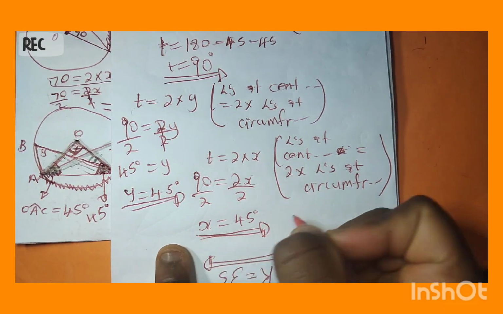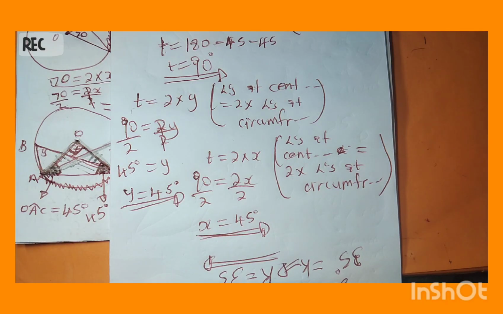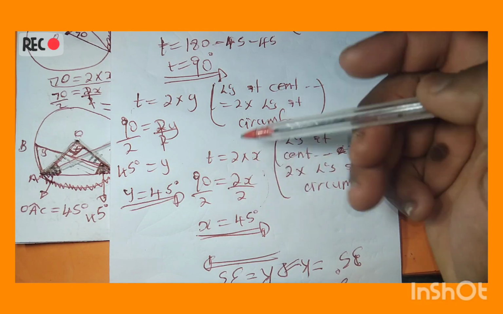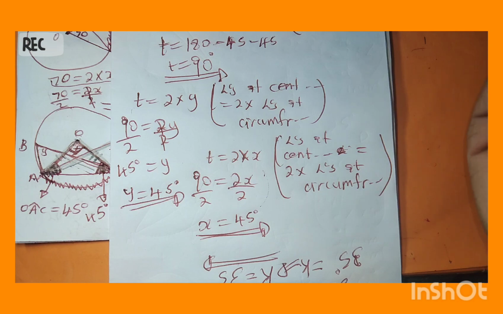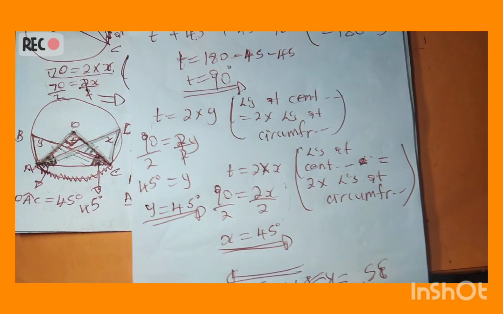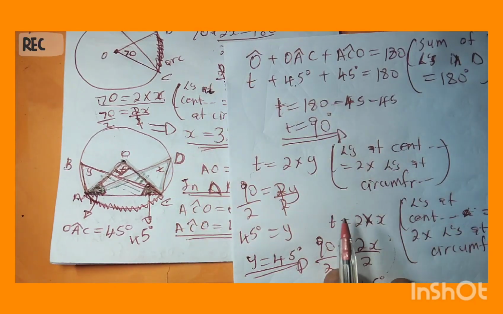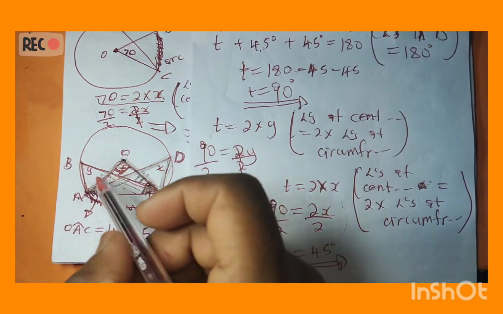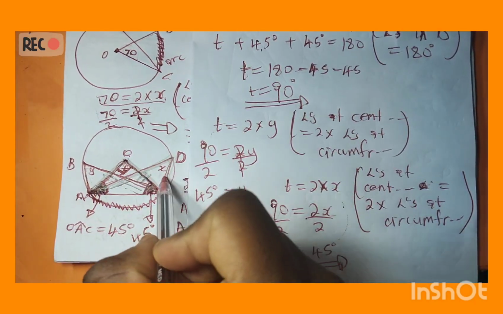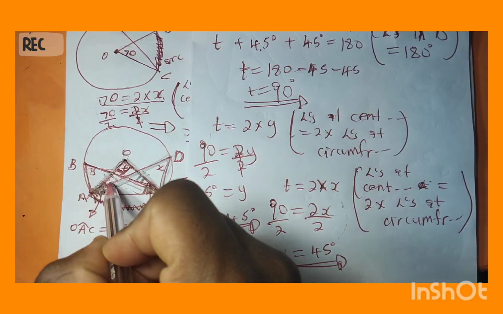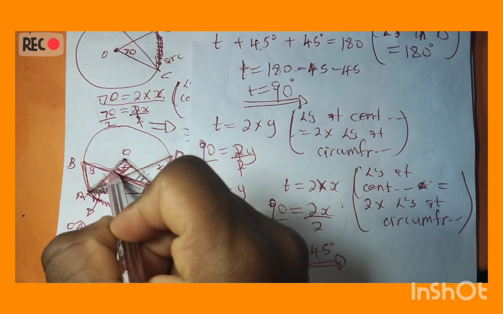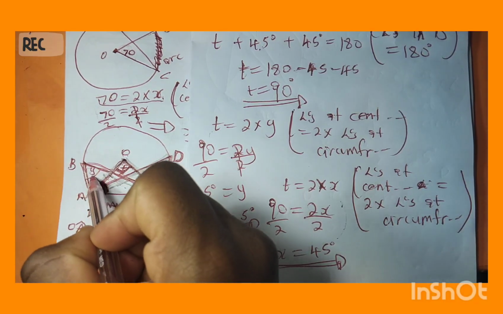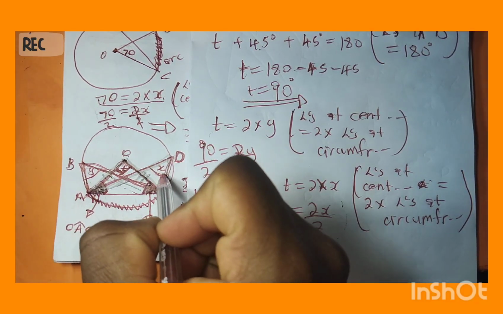Do you see? So if, guys, you feel like you forgot this reason, there's another reason that you can apply, the bow tie reason. Do you see the bow tie? The bow tie, guys, goes to the same segment. If you are able to apply that bow tie, it simply tells you that this angle is equal to that one.